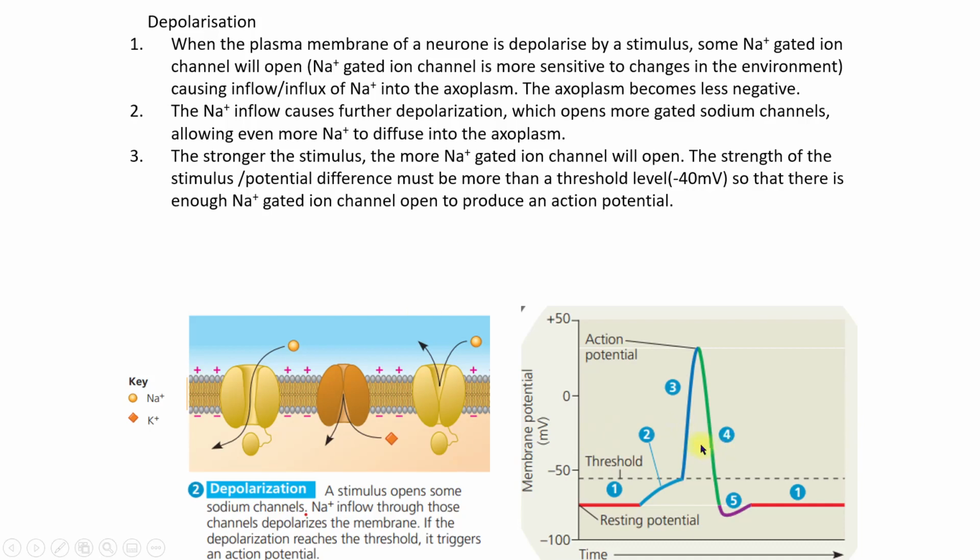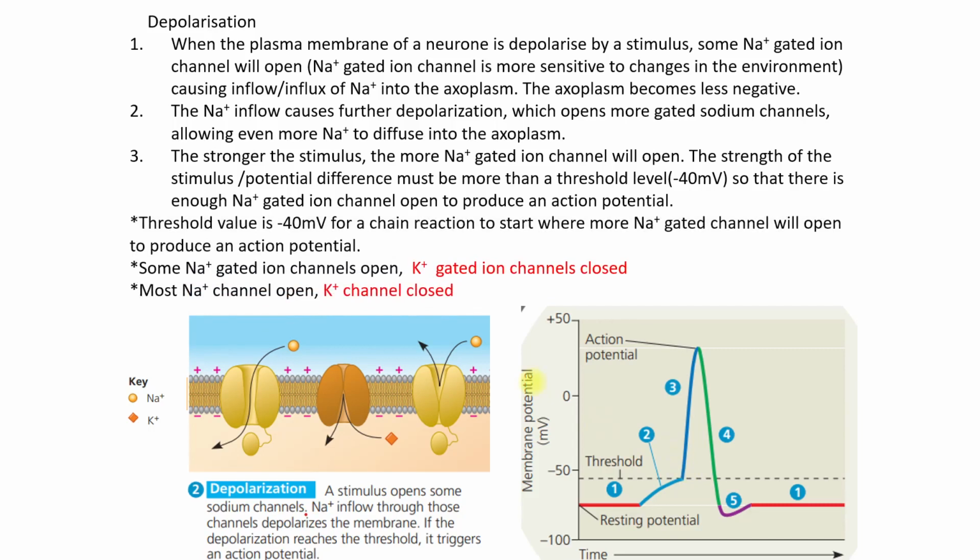For humans, the threshold level value is mostly negative 40 millivolts, so that there are enough sodium ion gated ion channels open to produce an action potential.